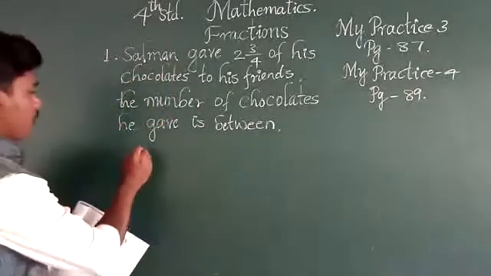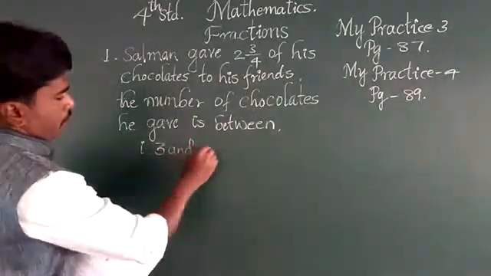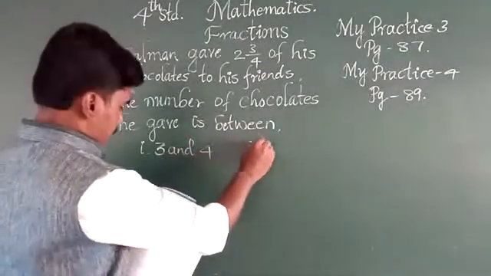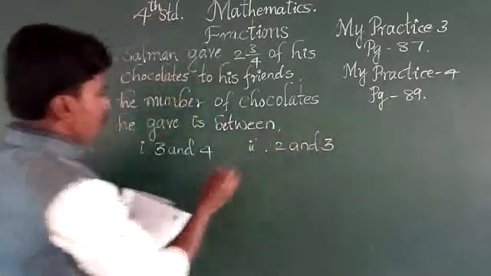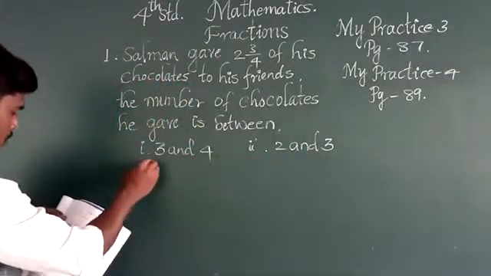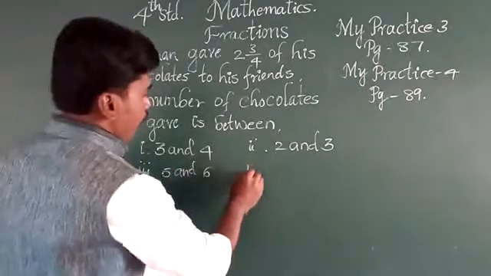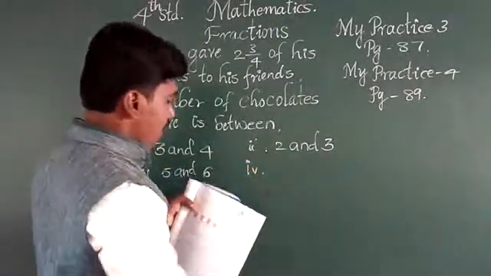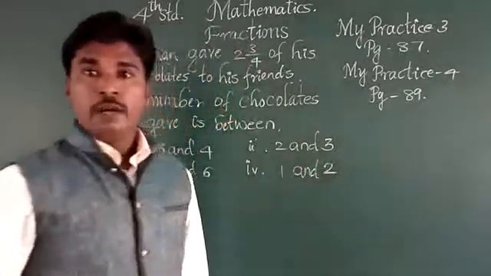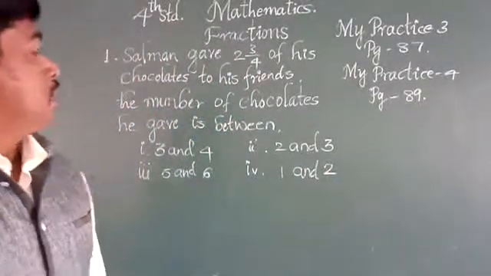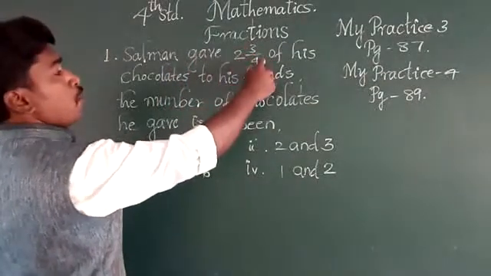Your options are 3 and 4; second, 2 and 3; third option, 5 and 6; and fourth option, 1 and 2.